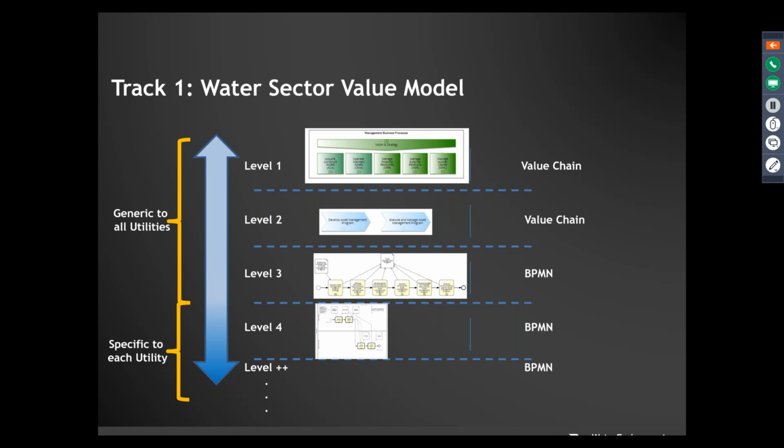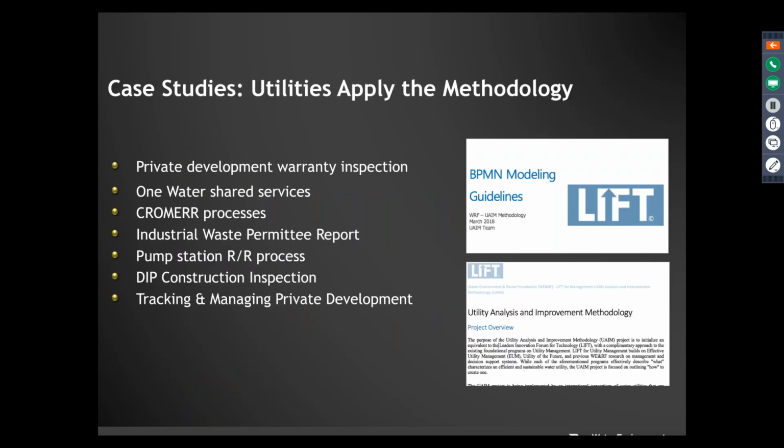After they have completed and we've reviewed the business process models, they are posted to the appropriate place within the overall hierarchy of the water sector value model. So they're made accessible in this shared space to other utility partners. They could view them, download them. These could be as-is models that document how utility currently performs the work, or 2B models that reflect their design that includes some process improvements.